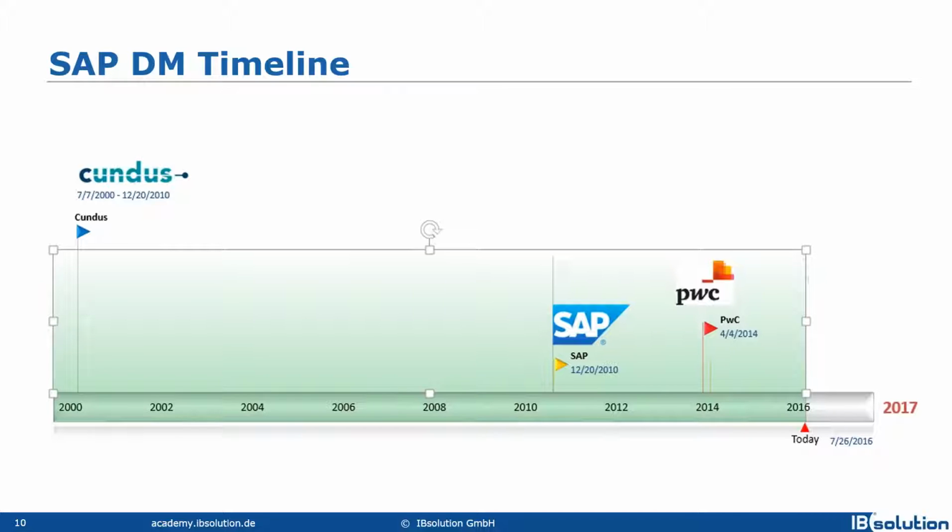SAP in 2010 acquired two of the offerings that Consolidation had, Disclosure Management and Notes Management. As time went by, Consolidation evolved more on the options that they were offering apart from DM and Notes Management, and PwC became interested and purchased Consolidation. So Consolidation no longer exists, but Disclosure Management and Notes Management are within the SAP world.